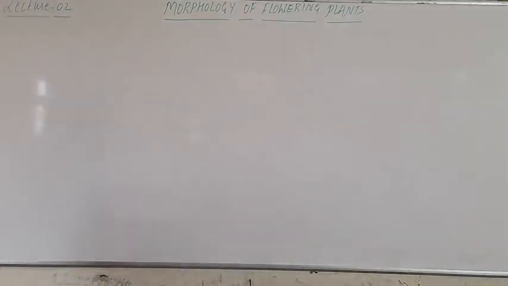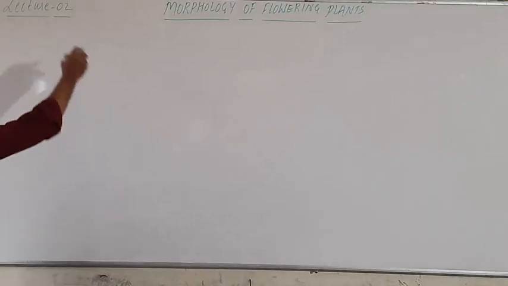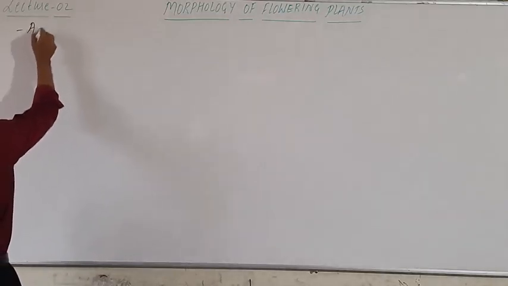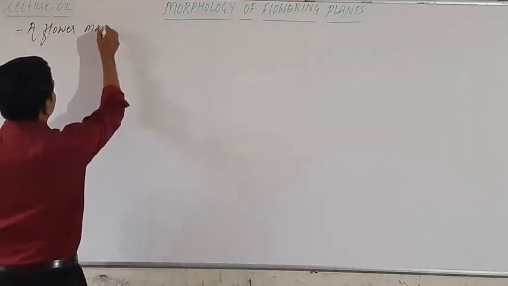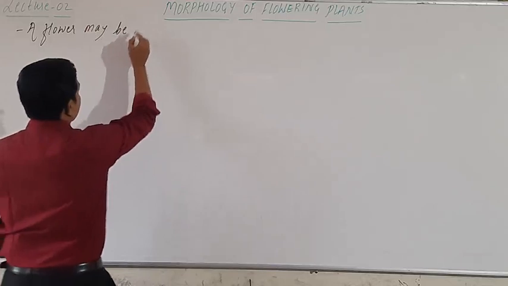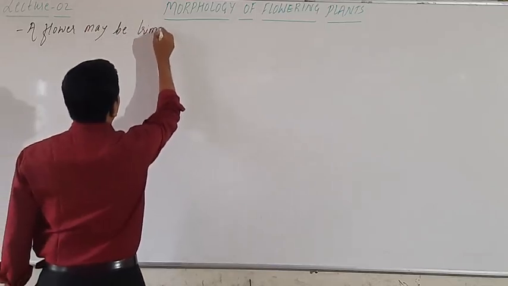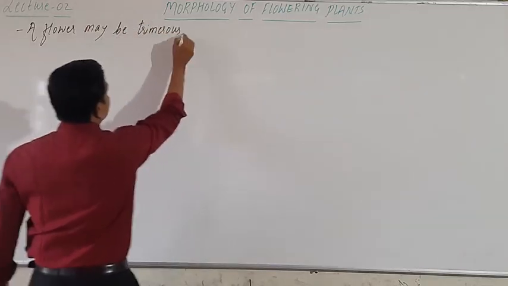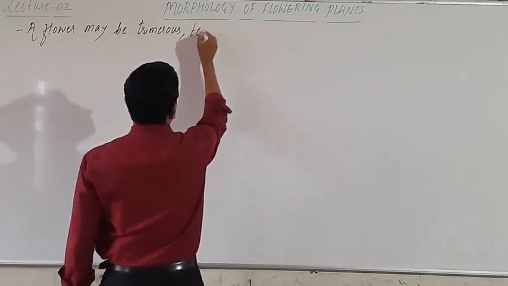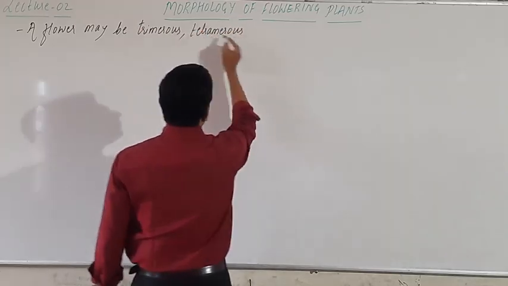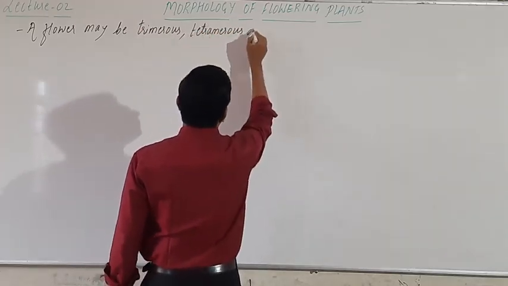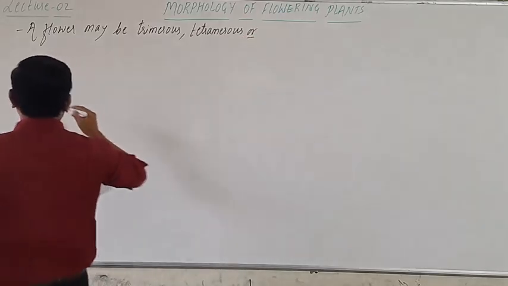So in the initial part, as we discussed regarding the parts of a flower, a flower may be trimerous, tetramerous, or pentamerous.